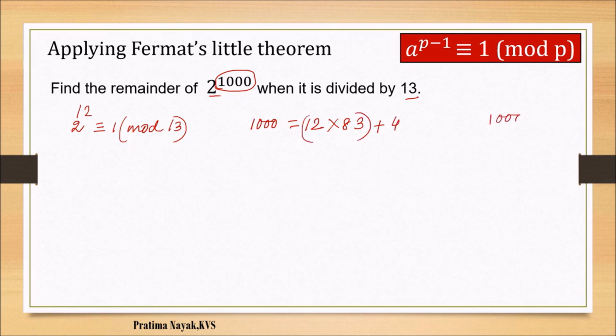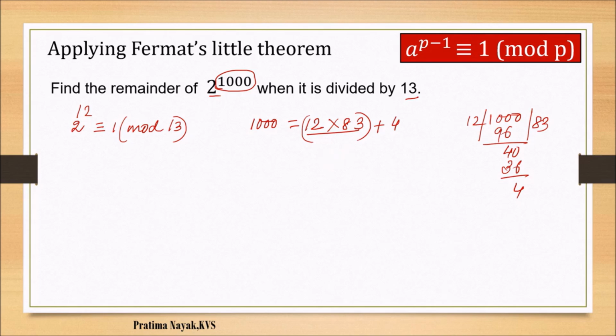Divide 1000 by 12. 12 times 8 is 96, then 40: 12 times 3 is 36, and we get remainder 4. So 12 times 83 is 996, and 996 plus 4.